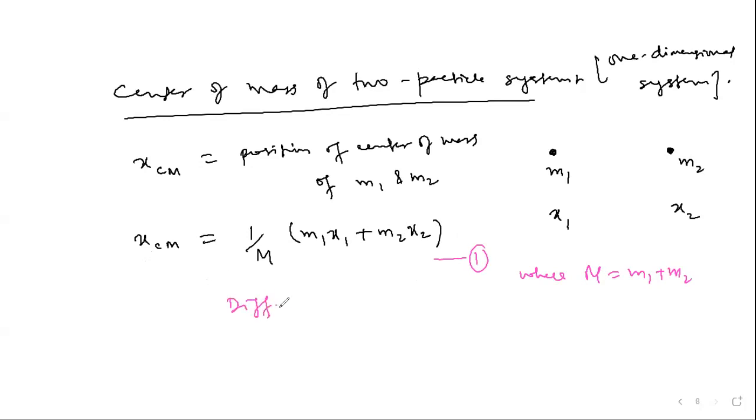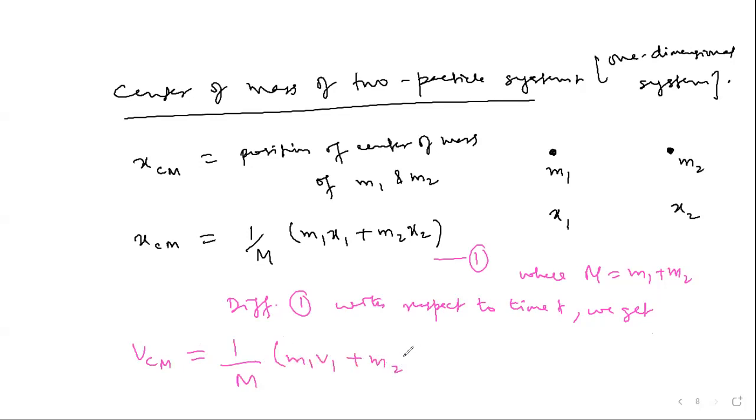So differentiating 1 with respect to time t, we get, I will write directly, velocity of center of mass VCM is 1 by M, m1 v1 plus m2 v2.